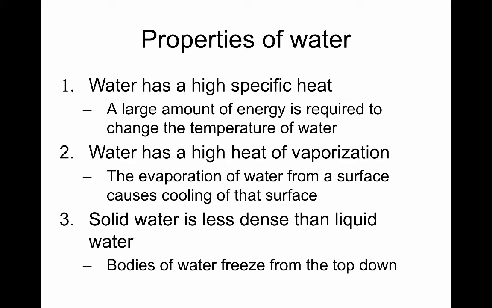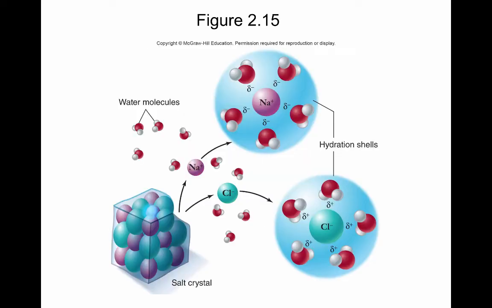And so you have air that gets trapped between those bonds between the water molecules, and that trapped air makes water less dense as a solid than as a liquid. So that's why ice floats. That's why lakes freeze from the top down in the wintertime. If they froze from the bottom up, we'd have no aquatic life left in bodies of water in very cold environments.